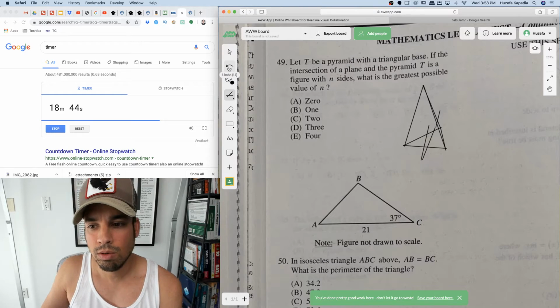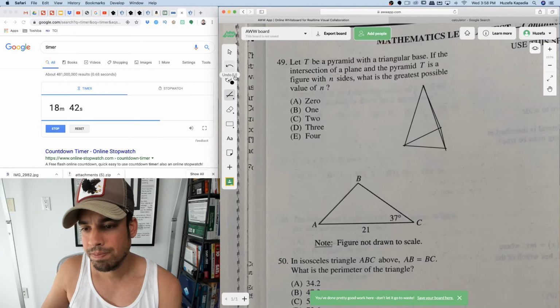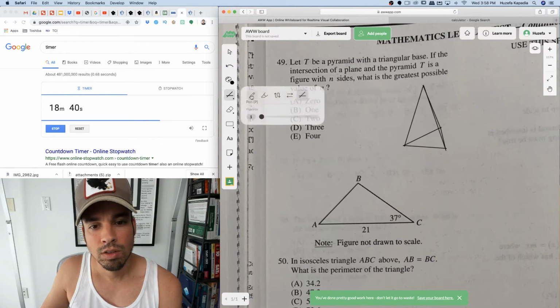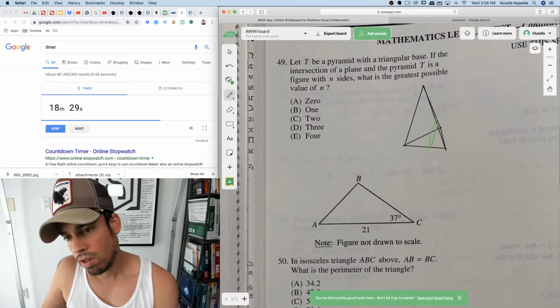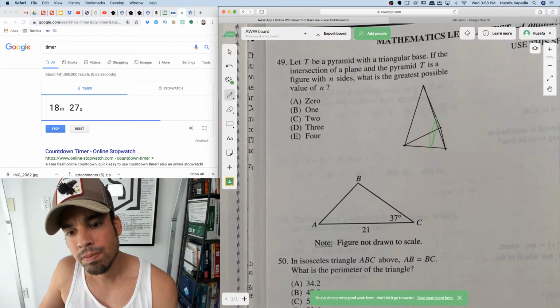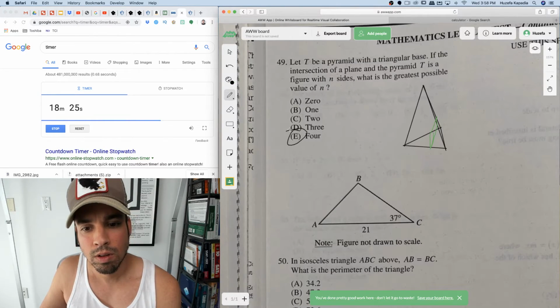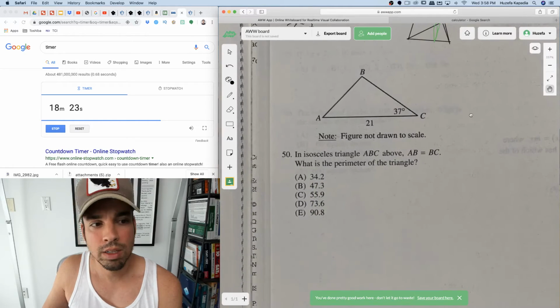Because then, check it out, it would be like this. Let's do it in a different color. It would be 1, 2, 3, 4. So I think it's 4. Yeah, I'm pretty sure. And last one, 40, 50.